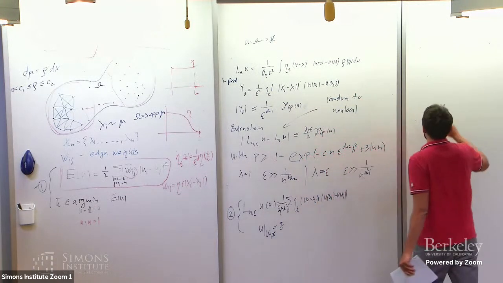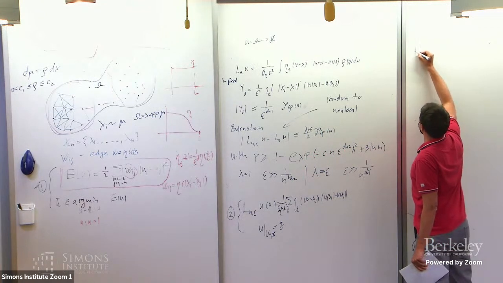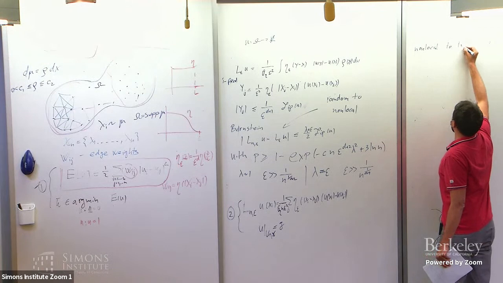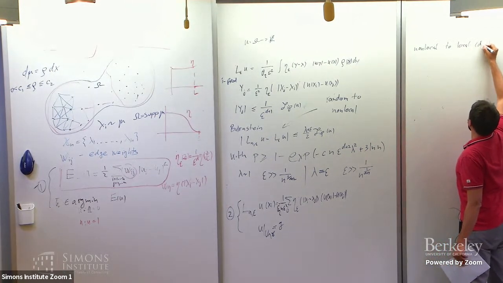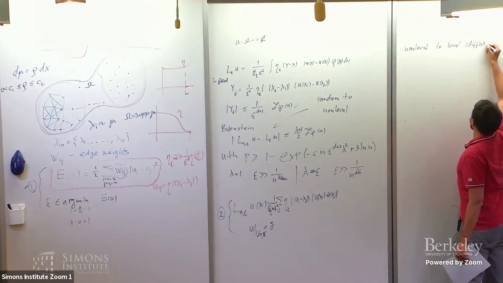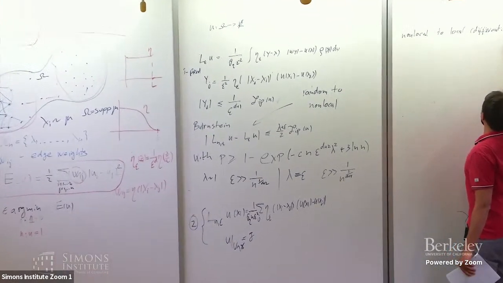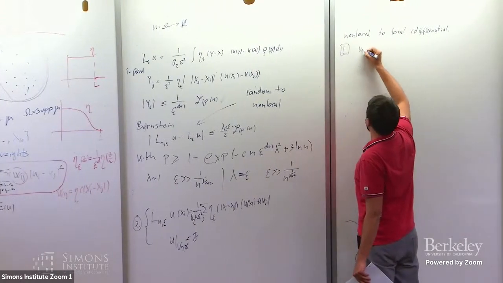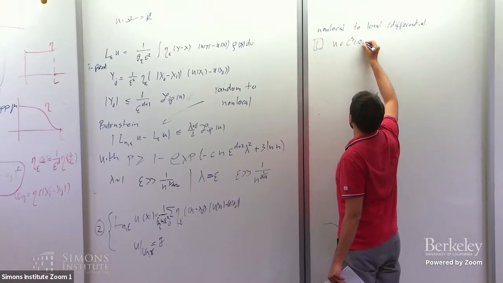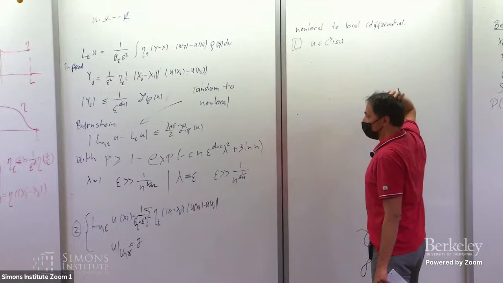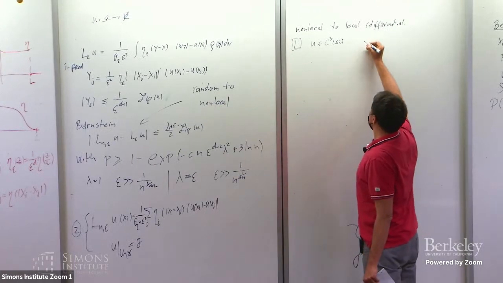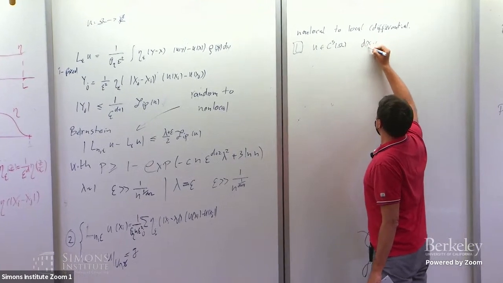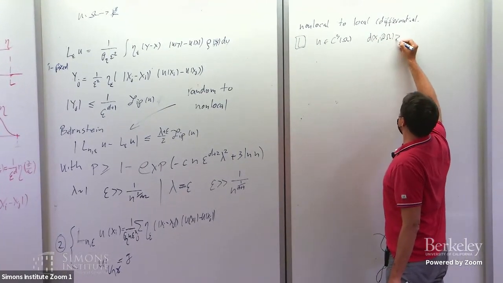And okay, now let's look at the other estimate, which would be non-local to local or differential. So let me consider a lemma, right? So let U be a C3 function on omega, and let's consider a point x such that the distance from x to the boundary of omega is bigger than epsilon, right?